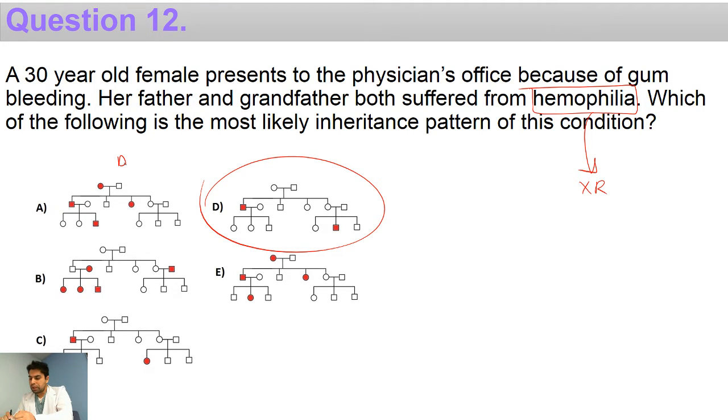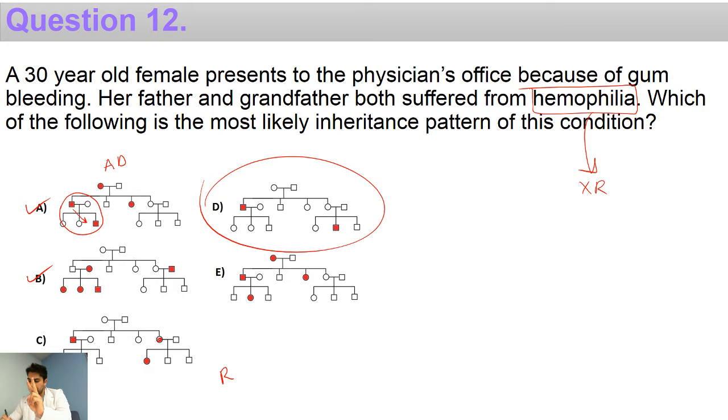Now let's further talk about it. If it's X-linked dominant, a female can give it to a female, and a female can give it to a male. So far still okay. It can be X-linked or autosomal. But look right here. This man was able to give the X chromosome to his son. Impossible. Male-to-male transmission is not possible.